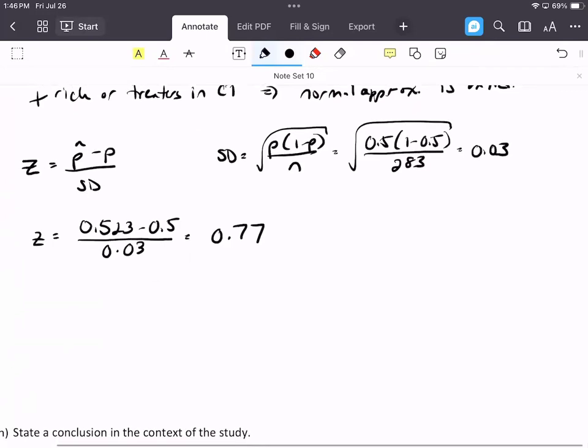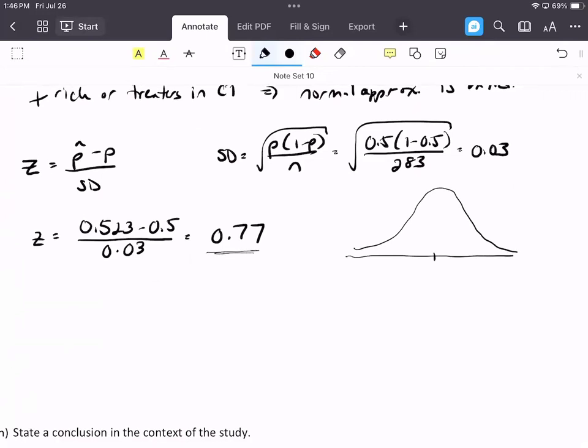Now, when we do not equal to, it's a little bit different. So we know we're going to have normal approximation. And here we're saying the z is 0.77. So we're looking for anything beyond 0.77 in this tail. But as the alternate hypothesis is not equal to, we're going to have to look at the value in both tails because we're asking, is it different from?